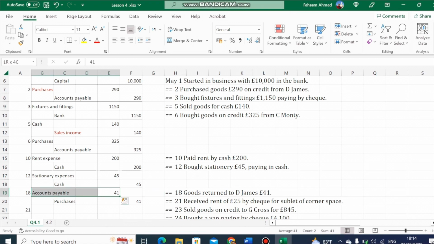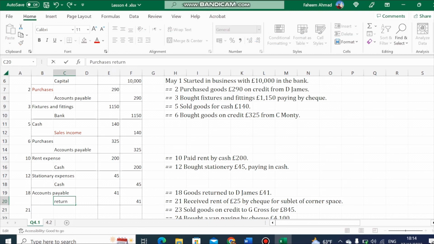Liability decreases, debit. And on the other hand, it's purchases that has been returned. So I am crediting purchases, but we have a separate account for this one. It's called purchases return. It is also known as return outwards.